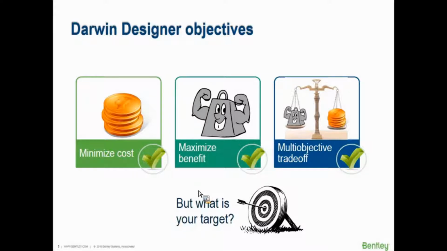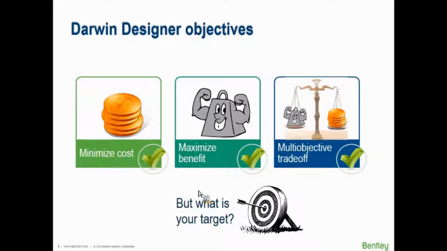Most research work has been done on the first part. Some folks like the second, the maximize benefit one. The third one is really what most people in the industry do, either explicitly or implicitly, doing this trade-off, corresponding to the three objectives that we're going to see in Darwin Designer.